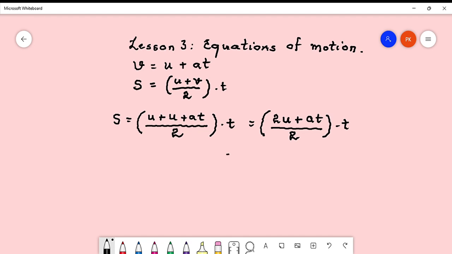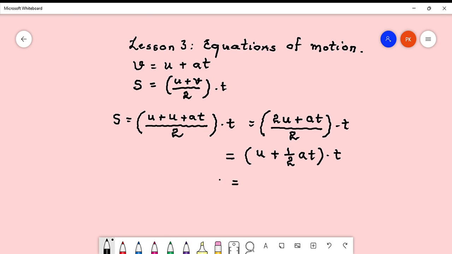Now, I will separate this out. So 2U upon 2, that is U, plus AT upon 2, that is half AT, into T. Open out the bracket. So what did you get?